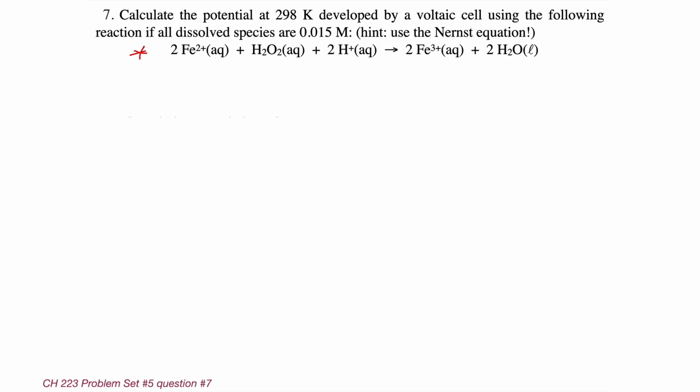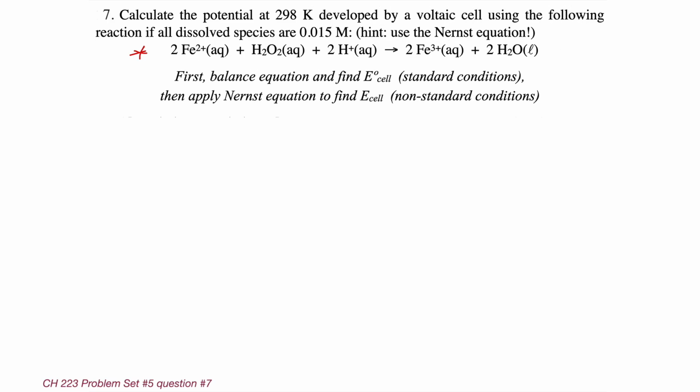Okay, no problem. So what we would normally do on a problem like this is break it into two half reactions, and you should probably do that here too. However, because everything is at a weird concentration, we can't really use just E naughts here. The E naught cell, like this thing right here, means standard conditions.